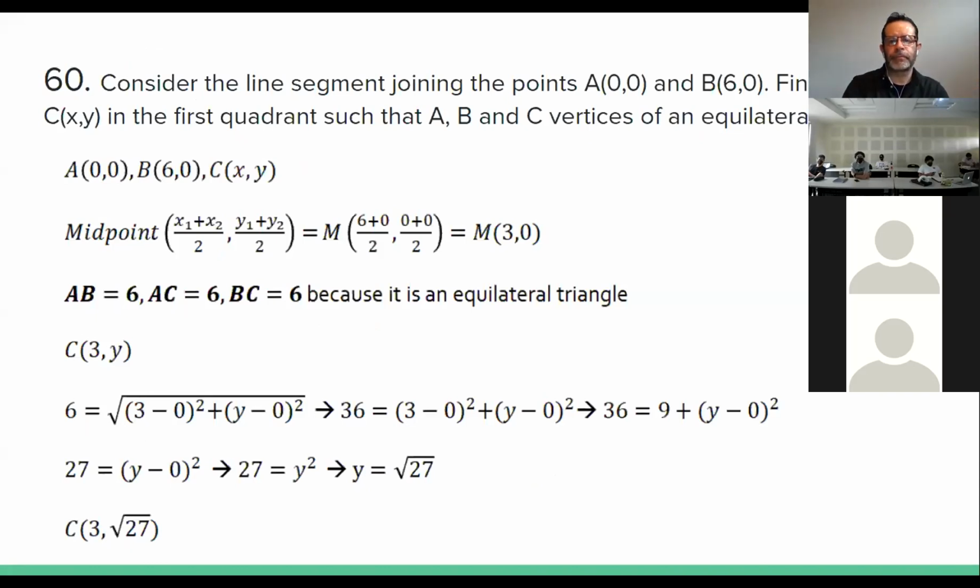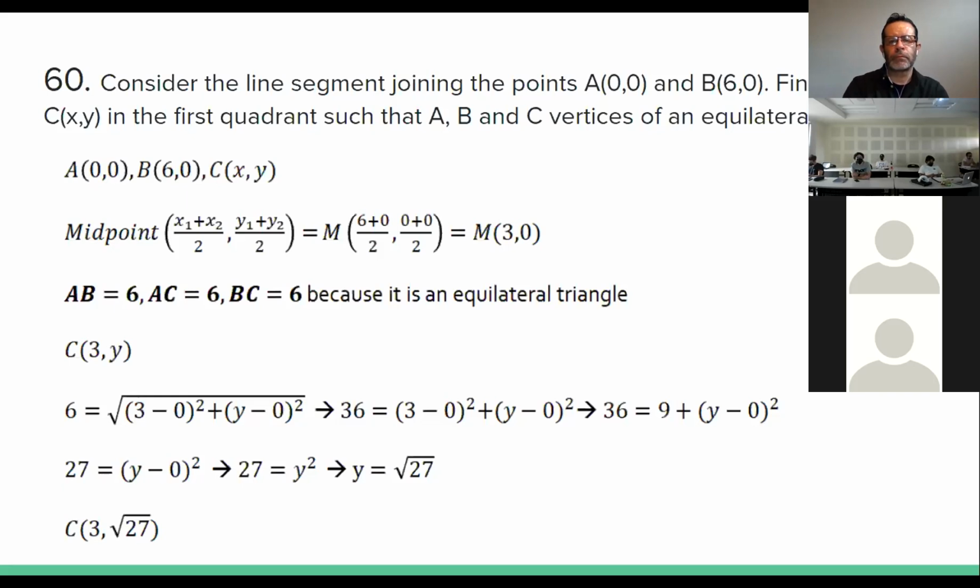Yes. So problem 60 says: consider the line segment joining the points A, with coordinates 0, 0, and B, 6, 0, and find a point C in the first quadrant such that A, B, and C are vertices of an equilateral triangle.